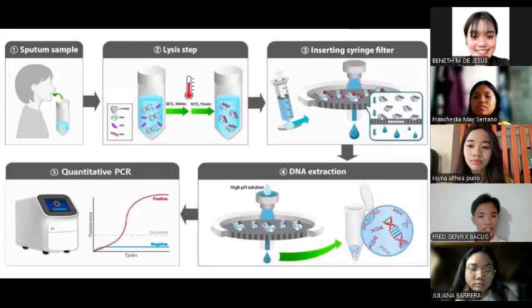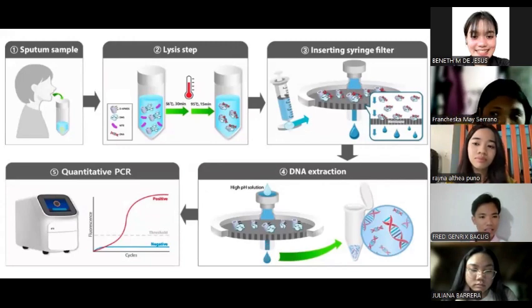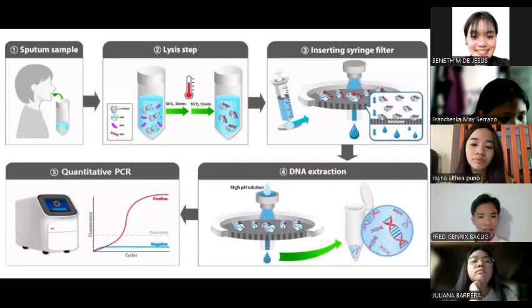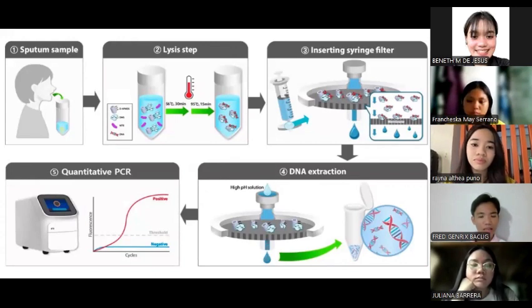So this is the process of testing for mycobacteria like Mycobacterium tuberculosis, which causes tuberculosis. The first thing is to collect a sputum sample from the patient. And then after that, we need to lyse the bacteria by adding specific chemicals, which releases the bacterial DNA. After that, we need to filter the mixture to capture the DNA attached to the beads.